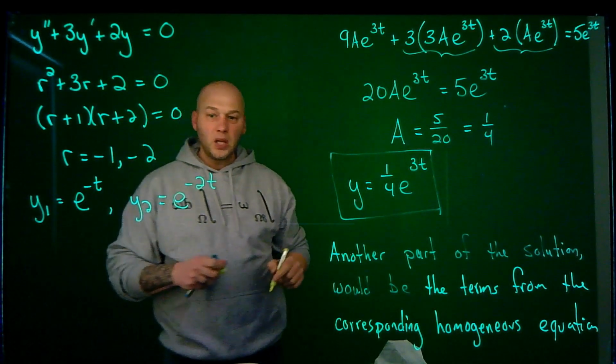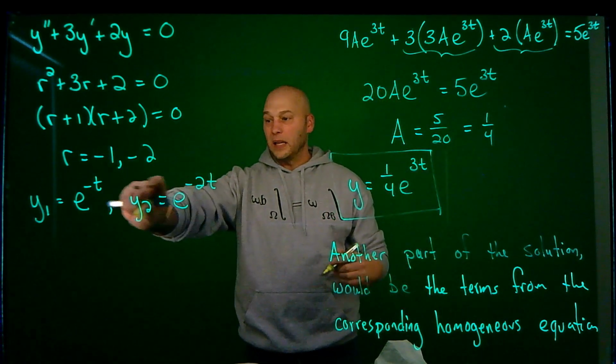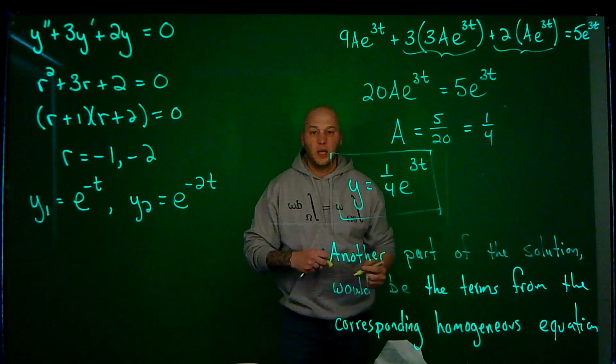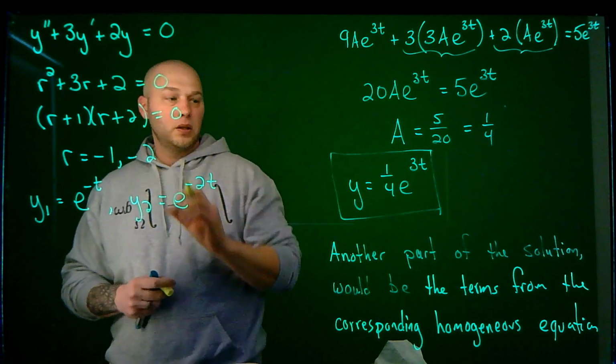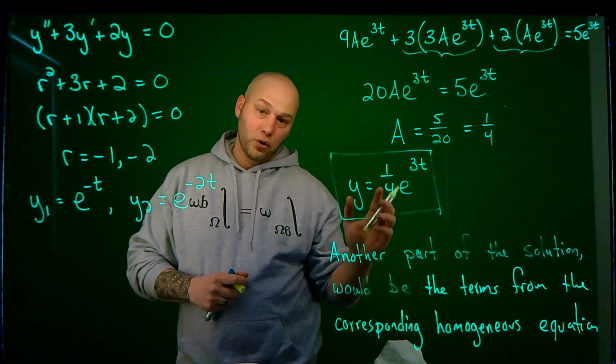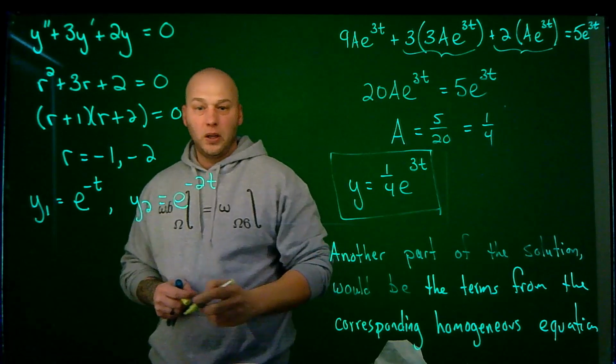These two terms here would be solutions to the homogeneous equation, and therefore any linear combination of those would also be a solution to the homogeneous equation, and would also contribute to the solution to the overall non-homogeneous equation.